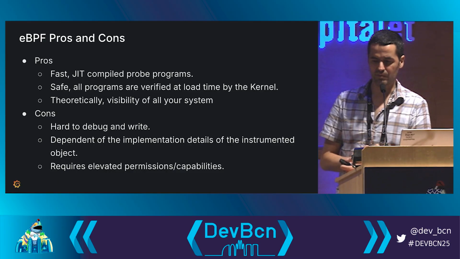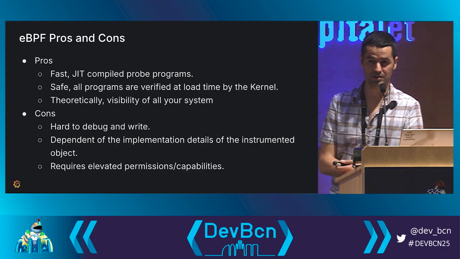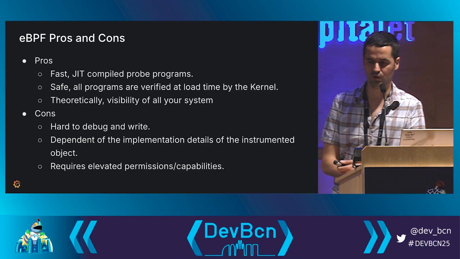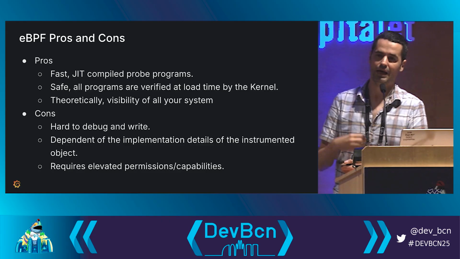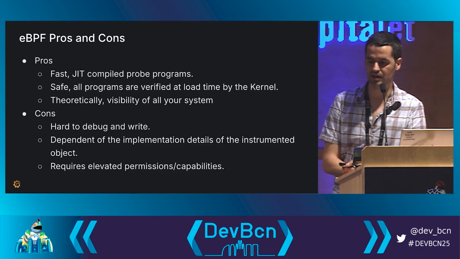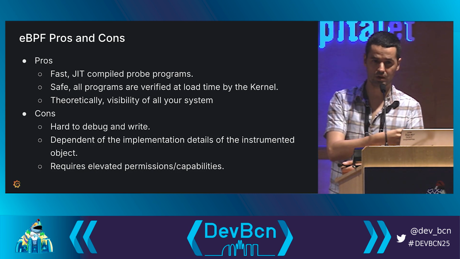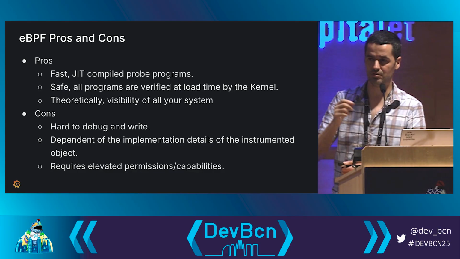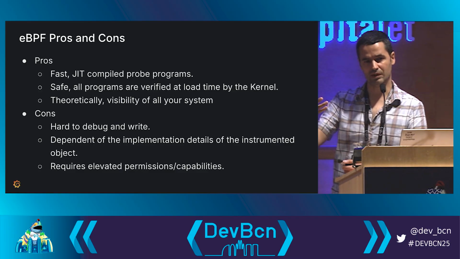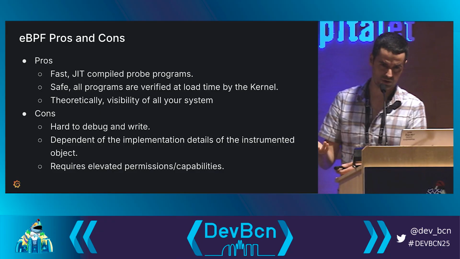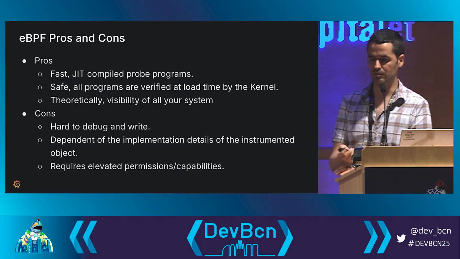It is also dependent on the implementation details of the instrumented object. For example, an anecdote: it is pretty useful, and many people use it to instrument Go applications, which are already binary, and it's difficult to dynamically inject any agent. But it has happened sometimes that a given Go library, or even the Go runtime or the Go compiler, has changed some implementation details, for example, how the arguments are passed to a function, and upgrading your application to a new version of Go broke your instrumentation until we implemented it in a newer version of Beyla.